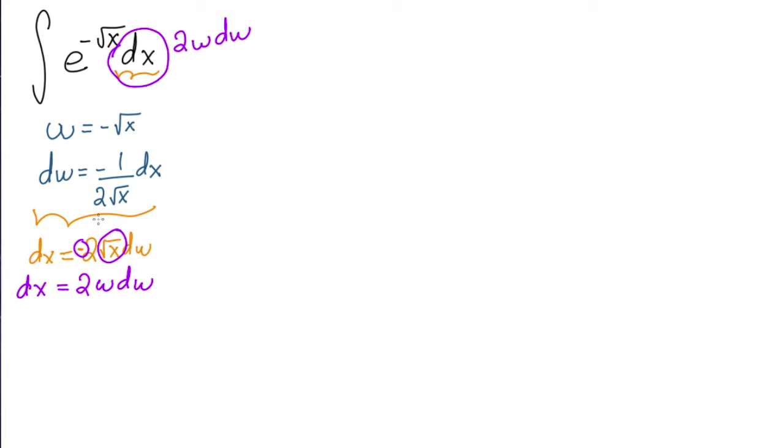The negative root x is going to be my w. Sorry about that. And then my entire integral is going to be the integral of, I'm going to put the 2 outside, and then w dw, and I'm leaving a little space there for e to the w.